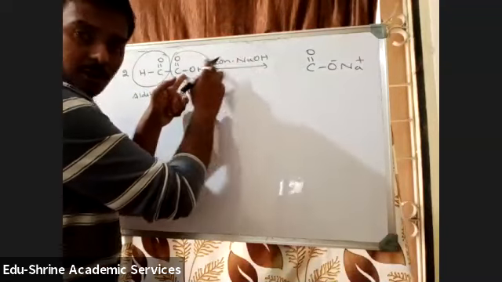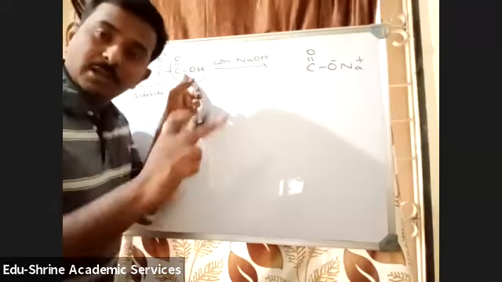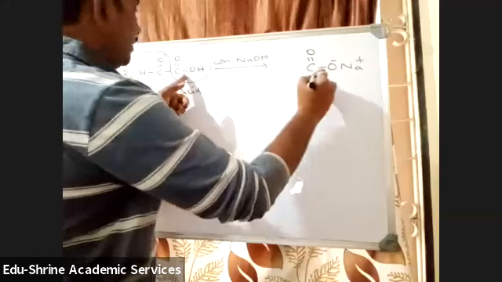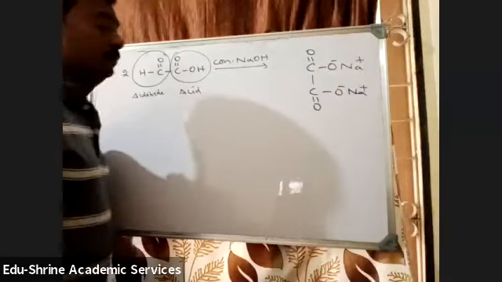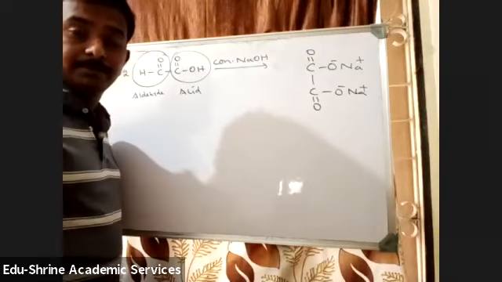Acid will react with base, so you get a salt: the other salt will be C double bond O minus Na plus.